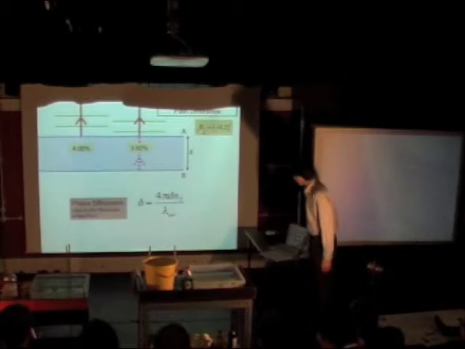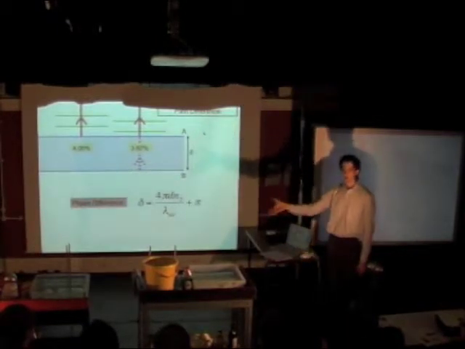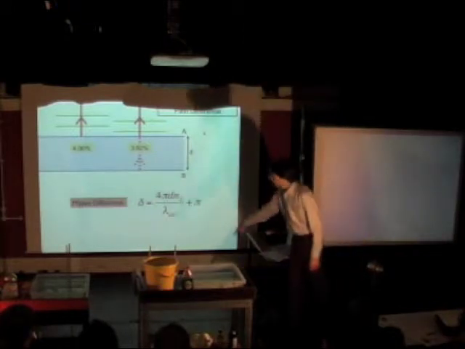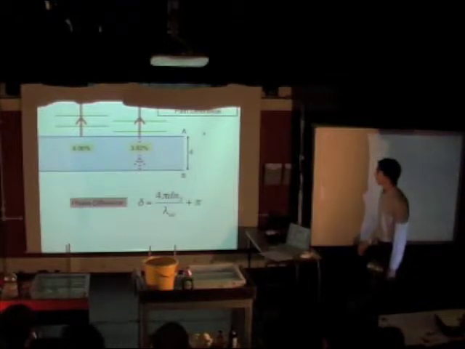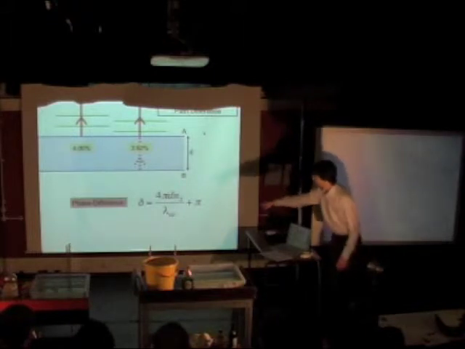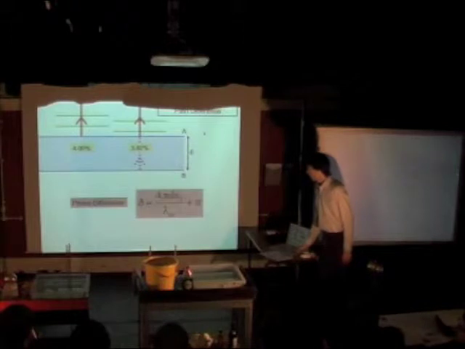And we then need to add a further pi onto it because of that change in phase at the reflection. So now we get this big beast here, which is the phase difference between the 2 waves. The one that hit the top and then the one that went through the top. Hit the back one, came back up through. And that's what we're left with.